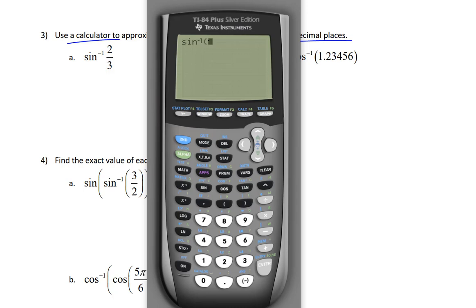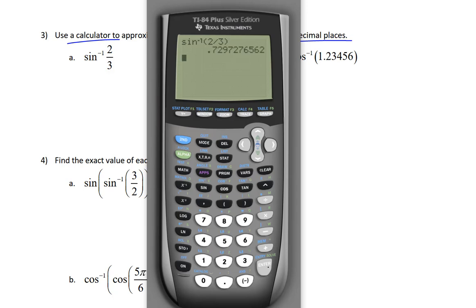Then it gives an opening parenthesis, after which we want to put the input value for this example, which is given as 2/3. So I'm going to put in 2 divided by 3, and then importantly, close the parentheses. So the input for our sine function is the 2/3, now closed within parentheses. That's what you need.